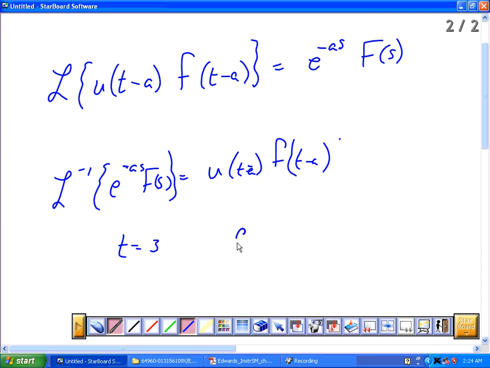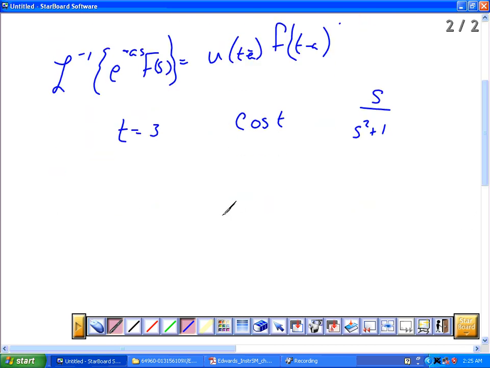Let's do cosine, for instance. Cosine of t, which we know is s over s squared plus 1. Okay? Then if I want it to start at 3, I want it to be nothing prior to 3.